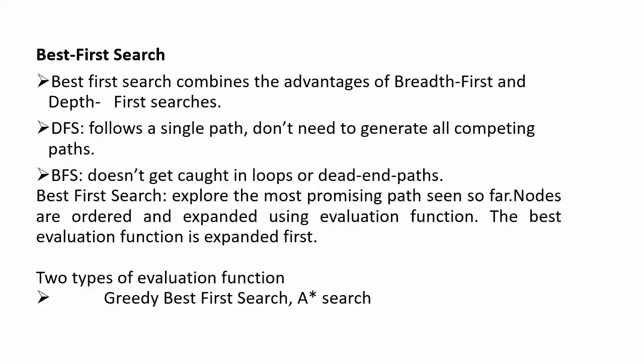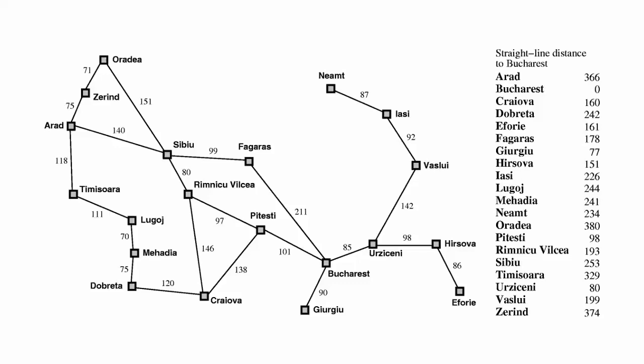Along with that, for informed search strategies, we use evaluation functions. How the evaluation functions are implemented, we will discuss with two algorithms. The first one is greedy best first search and the second one is A star search. Let us look at this example, a sample graph consisting of cities, with straight line distances.